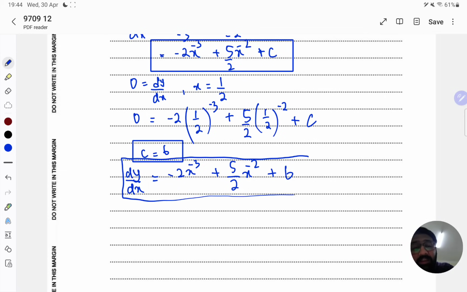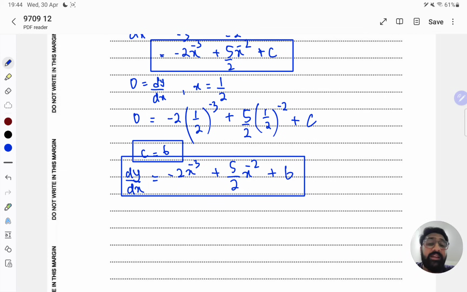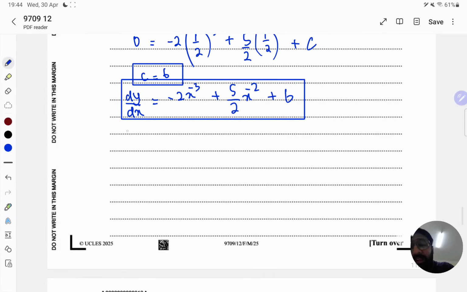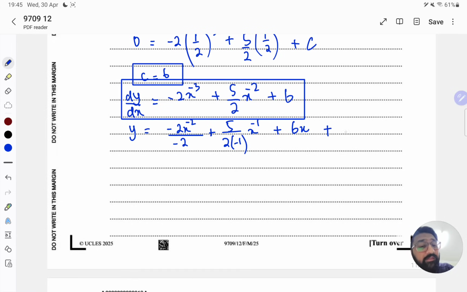Now we still don't have the equation of the curve yet. We have to do another integration. If I integrate dy by dx, it will be y, and on further integration it will be -2x^-2 divided by -2, plus 5/2 into x^-1 over -1 (since -2 plus 1 is -1), plus 6x, and remember we have to put a constant.